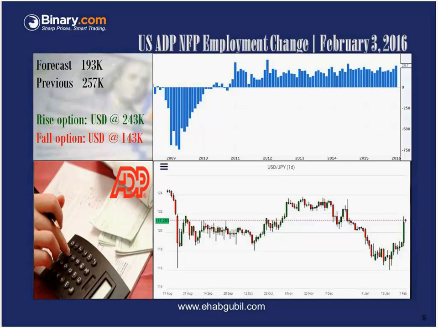If we get 143,000 or worse, then I would be looking to make a fall option on the US dollar against a strong currency at this moment.